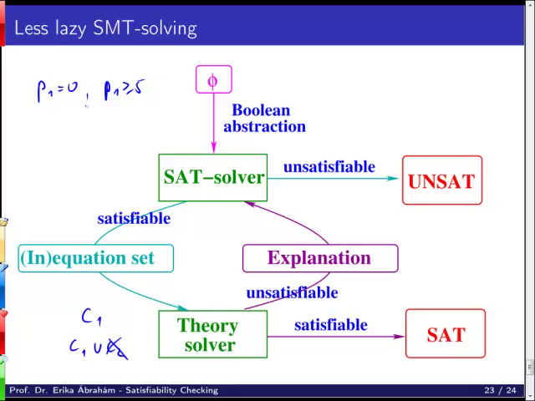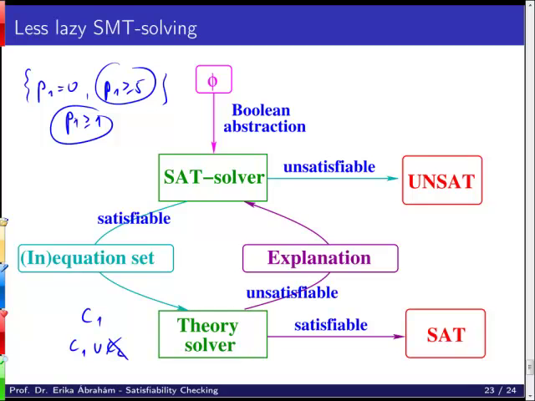This would be a minimal infeasible subset, because if I take away one of the constraints, the rest becomes satisfiable. However, if I have something like P1 is larger or equal 1, then it is not minimal, because if I remove either this or this constraint, the rest remains still unsatisfiable.